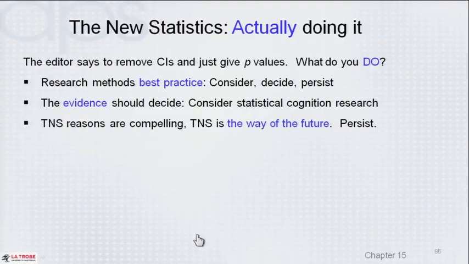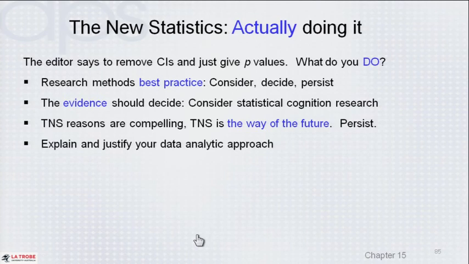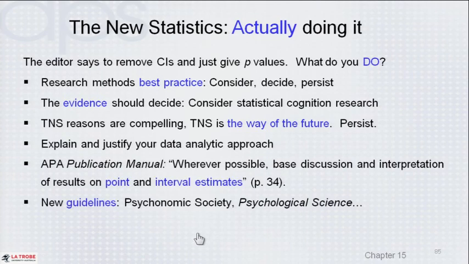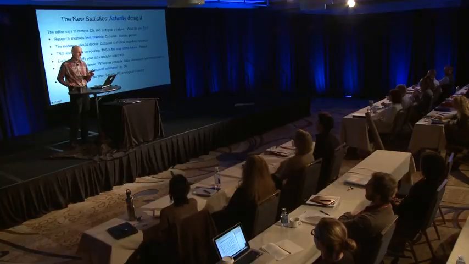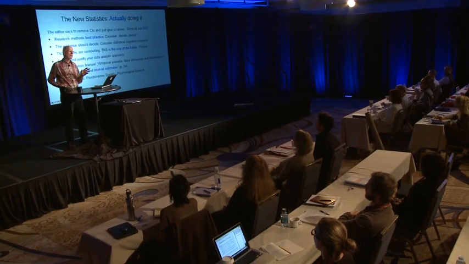The new statistics, actually doing it, I talked about that a little bit before, so I'll just say briefly, I recognise immense practical problems, although day by day things are getting easier as more journals come on board, as the publication manual recommends, as more resources are available. And one of the important aims in the tutorial paper in Psychological Science was to give a lot of references and links to online calculators and so on.